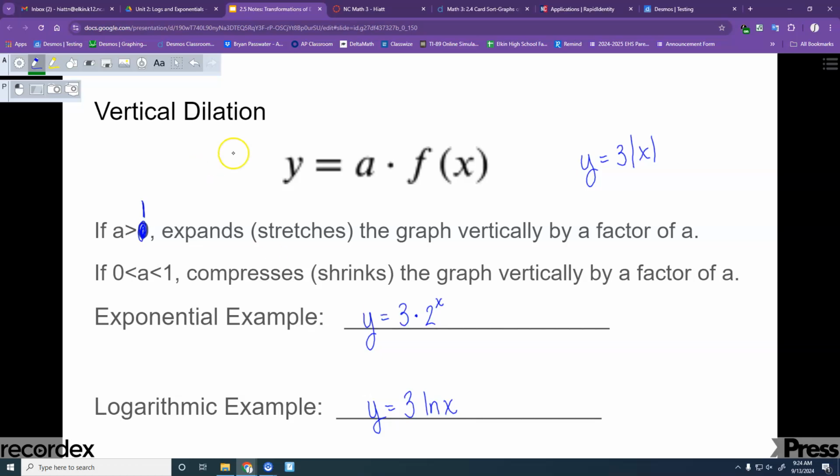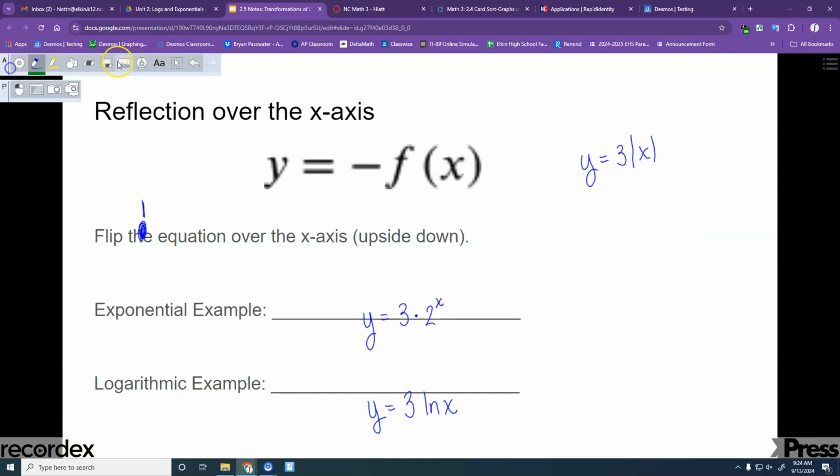The last thing that we did for our transformations is we reflected over the x-axis. This is your flip upside down, right? For the absolute value ones, it looks like y equals negative absolute value of x. For exponentials, it will look like y equals negative, and then whatever your base is, 5 to the x power.